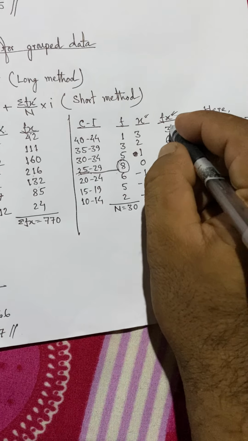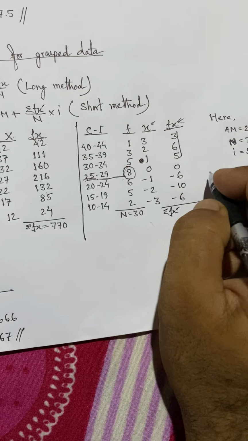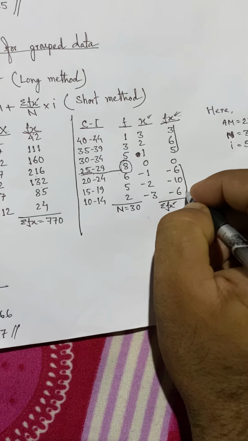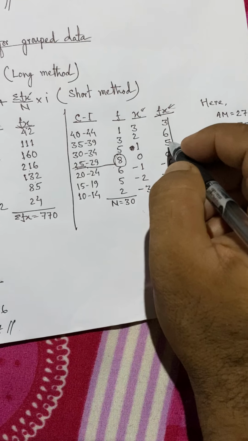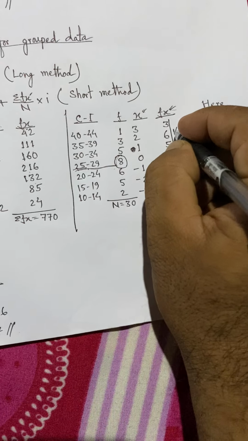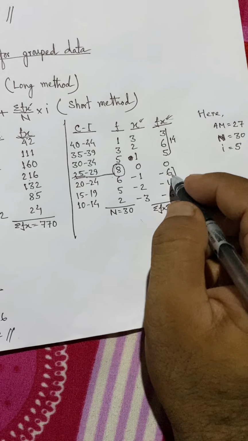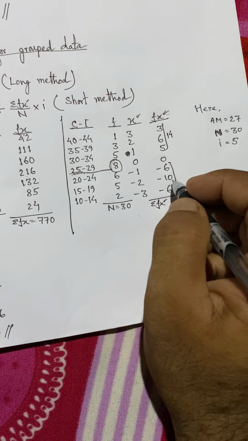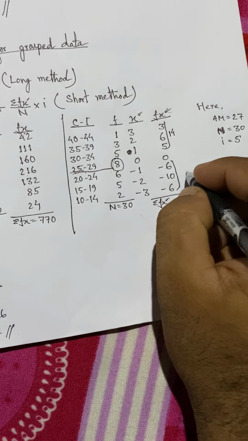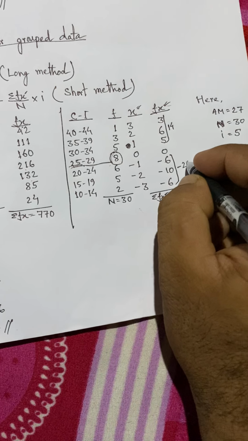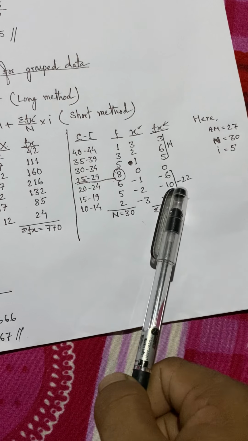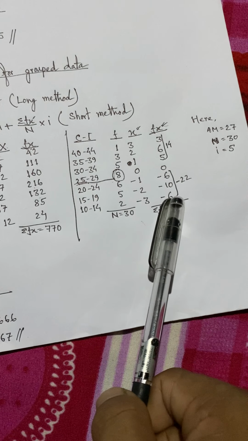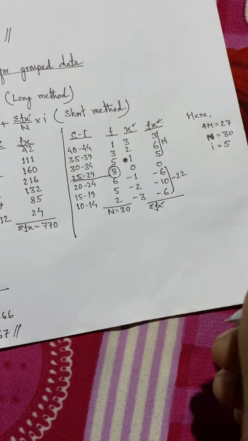So you have to add all the positive numbers together and all the negative numbers together. So 3 plus 6, 9, 9 plus 5, 14. This is plus 14. Minus 6 plus minus 10, then plus minus 6 is equal to minus 22.